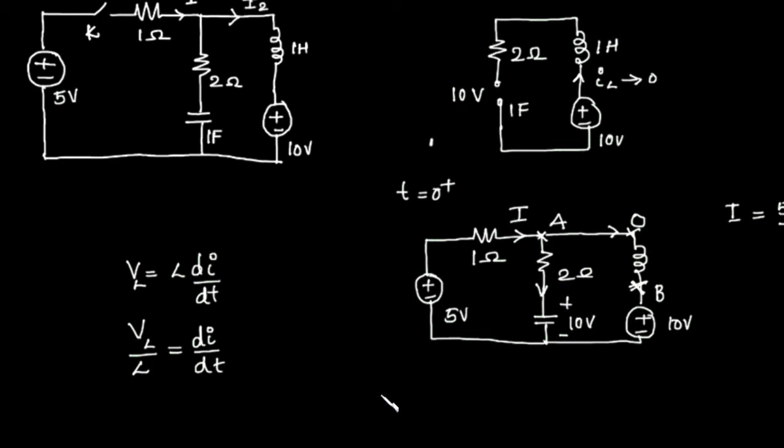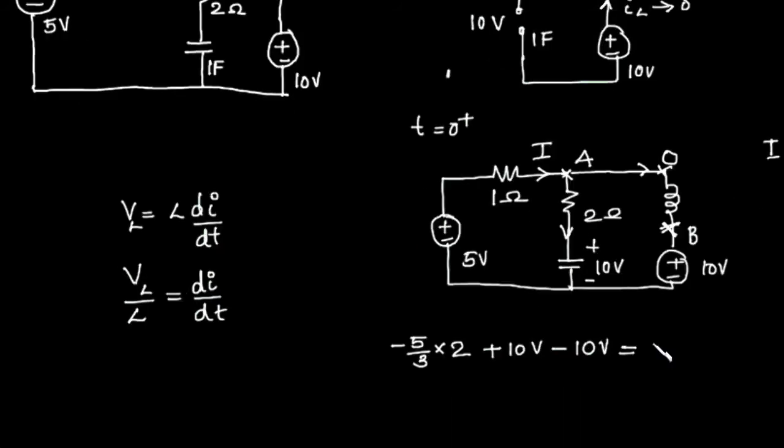The drop across 2 ohm will be minus 5 by 3 into 2, plus 10 volts, minus 10 volts, the potential across the inductor at t equal to 0 plus. Okay, that means the 10 volt and 10 volt will cancel out. We'll be left with minus 10 by 3.